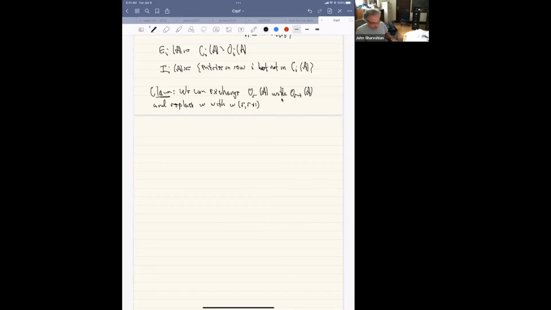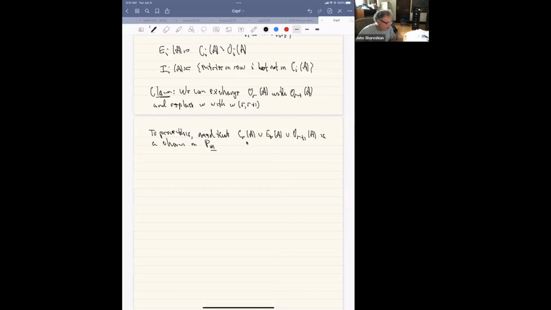So what's going to happen? To prove this, we need that CR of A union ER of A union OR plus 1 of A is a chain. This is what we need. So we know that everything in here is below everything in here.